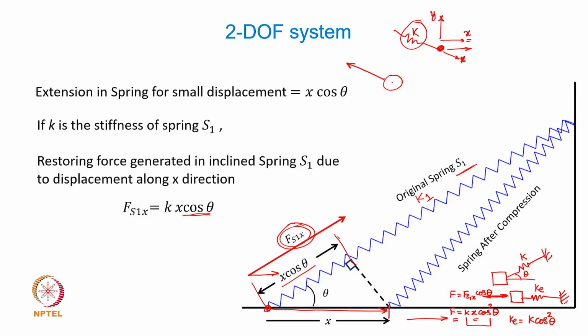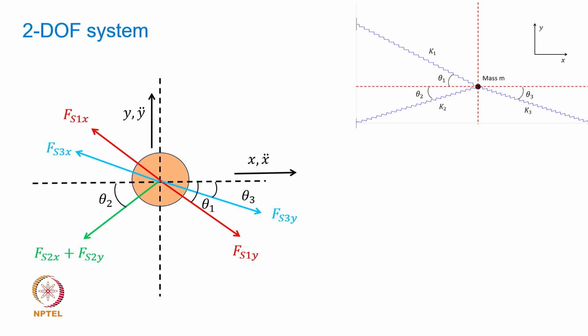Now on similar lines, you can figure out the restoring forces coming from each of the inclined springs on the mass. So if I consider the free body, the mass m, which is shown here, the various forces acting on this mass because of the stretching in the springs k1, k2, k3 along x and y direction are given by these forces.